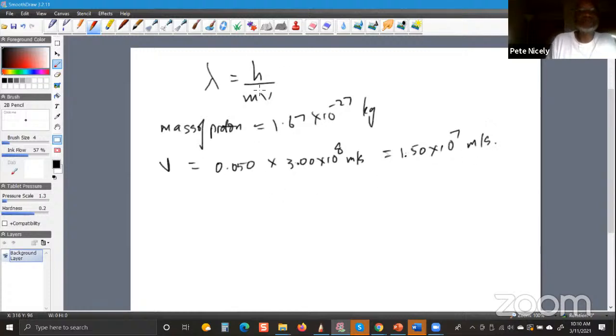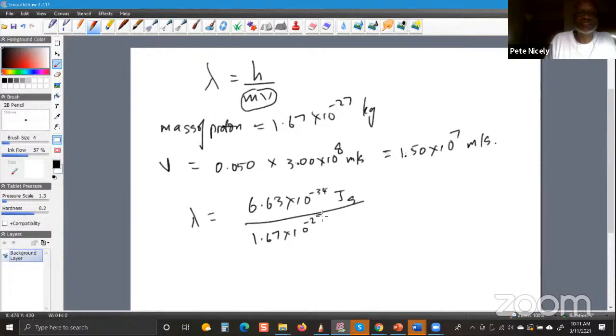So we have the m and the v, and h is Planck's constant. So basically we can calculate the wavelength. The wavelength is equal to 6.63 times 10 to the minus 34 joule seconds divided by the mass, 1.67 times 10 to the minus 27 kilograms, multiplied by the velocity we calculated, 1.50 times 10 to the 7 meters per second.